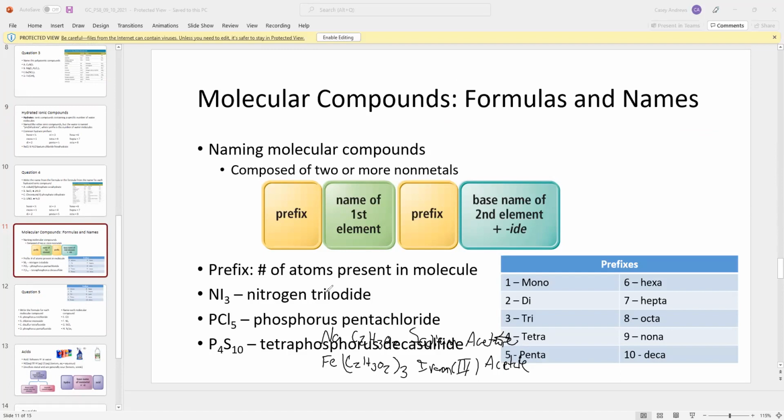There's nothing tricky about that, but this is for non-metals only. There are a lot of times where I see, what's the name of this? And I'll get monosodium monochloride. And that's not correct. You only use these prefixes for compounds that are only non-metals.